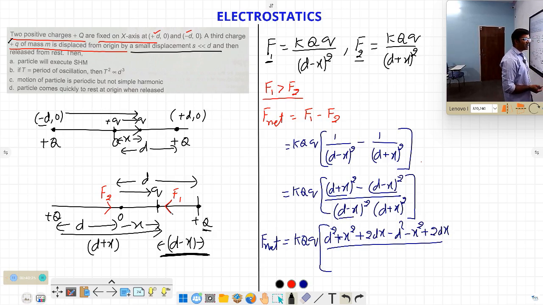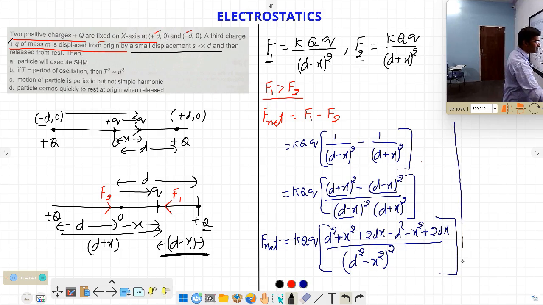I can write a plus b into a minus b equal to a square minus b square, so d square minus x square whole square. In the numerator you can see that plus x square minus x square and d square minus d square get cancelled.